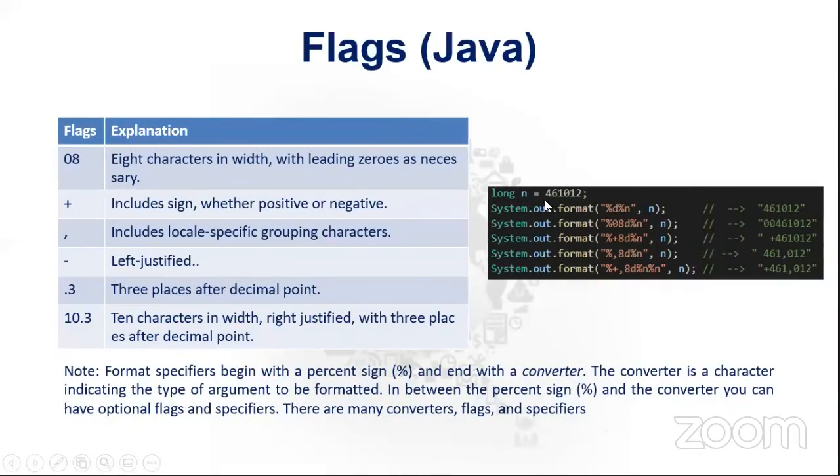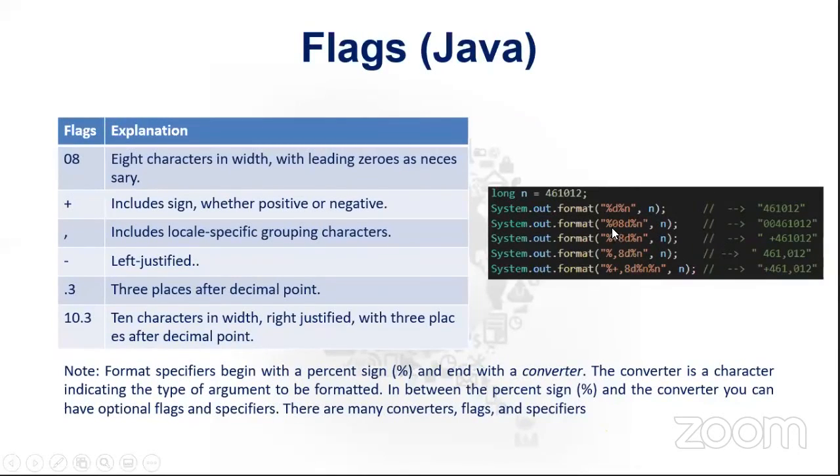Here we declare a variable n. n has the value 461012, so it is a long integer, and therefore we use %d for an integer number. It will display the integer number 461012.